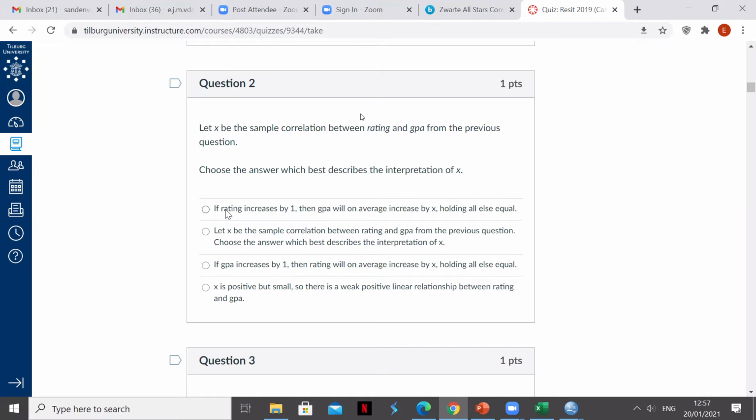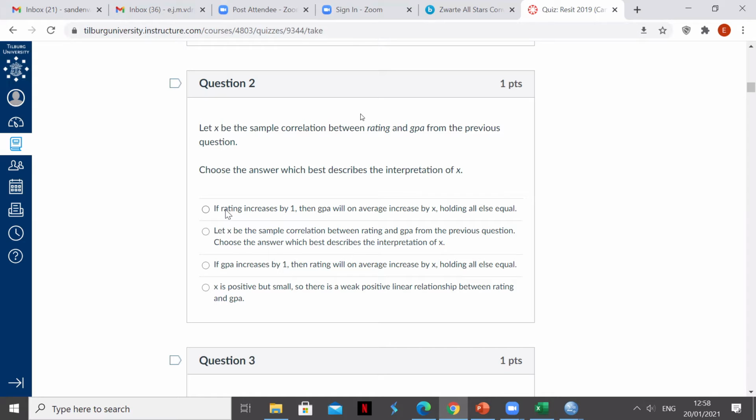Then the third one, if GPA increases by 1, then rating will on average increase by X, which is also wrong. And why is it wrong? Because this actually concerns the coefficients and not the correlation. It's actually the same as the first one, just GPA and average rating mixed.